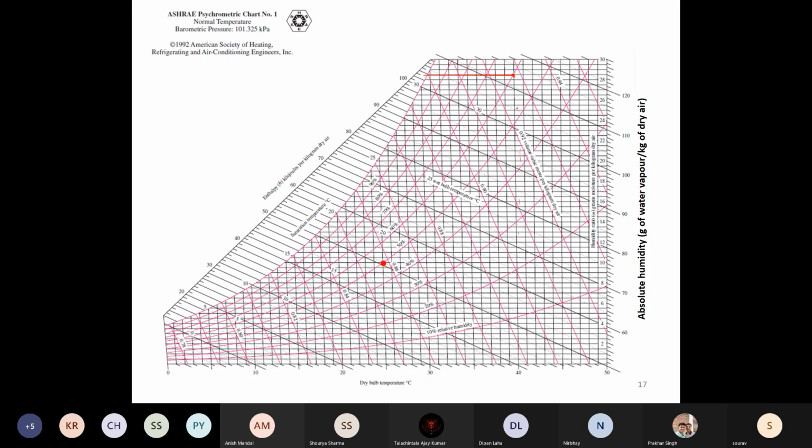This was 40 and 60, and then again 96, you have to mark. And wherever it intersects 90%, that is your condition. So this is your 40 degree, 60% RH. Exit condition is given as 90% RH, and you know the enthalpy difference is 19 kilojoules per kg. So wherever this isenthalpic line intersects, that is going to be your process. This process is possible. Clear?